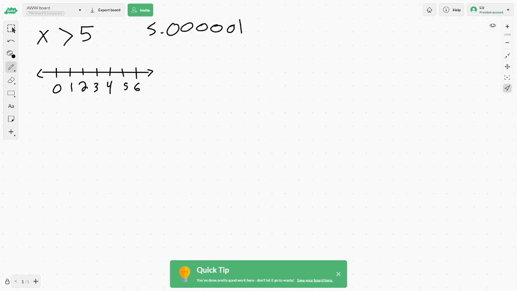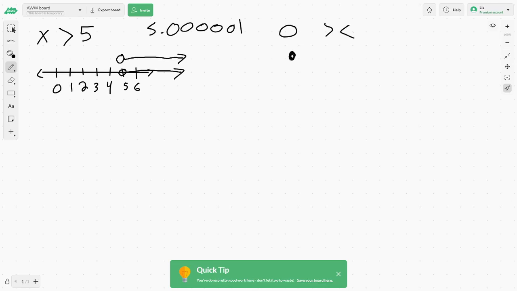So we need to somehow indicate that everything past this number is greater than 5, but we're not actually including 5. The way we do that is we put an open circle where 5 is on the number line, and we say everything in this direction. You can put it on the number line too, like this. If you have an open circle, we use that for greater than or less than.